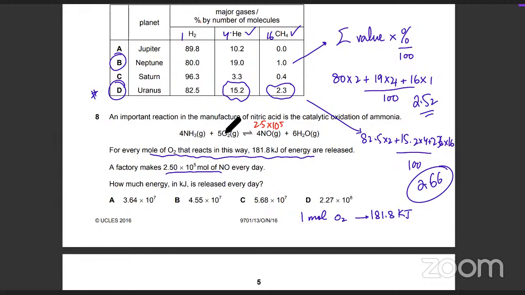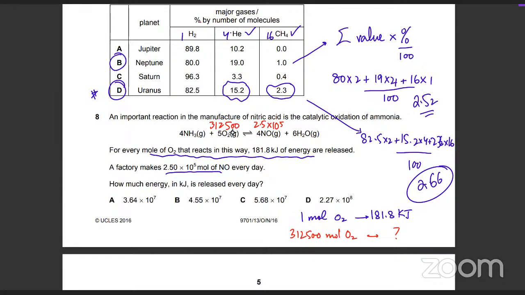So 312500, that's 312.5 times 10 to the power 3. So your moles of O2 is 312500 moles.